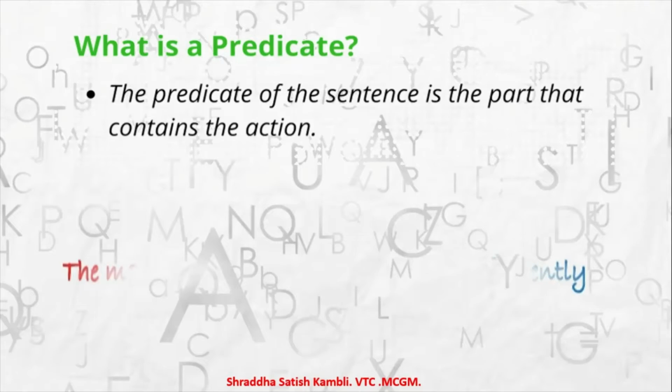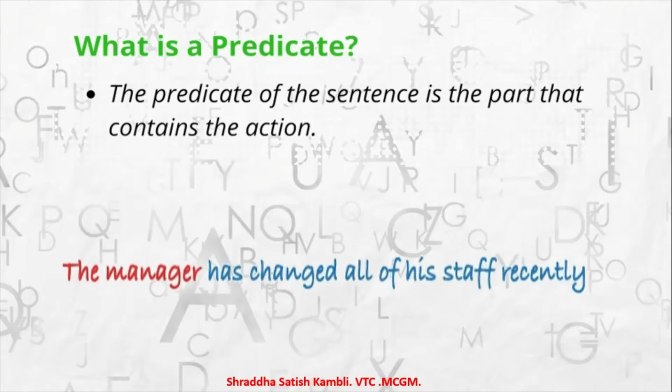Now let's take a look at this sentence. The manager has changed all of his staff recently. So this is a simple sentence. Ask the question, who? Who has changed all of his staff recently?